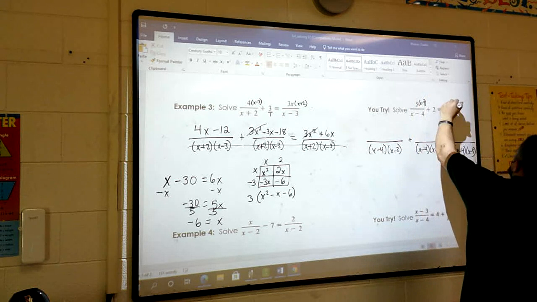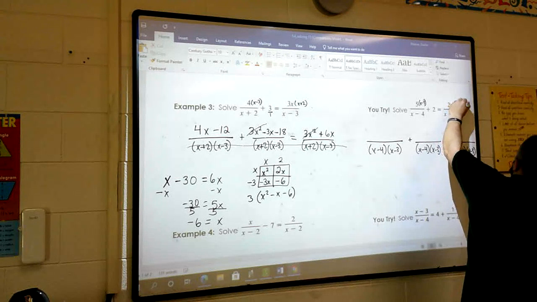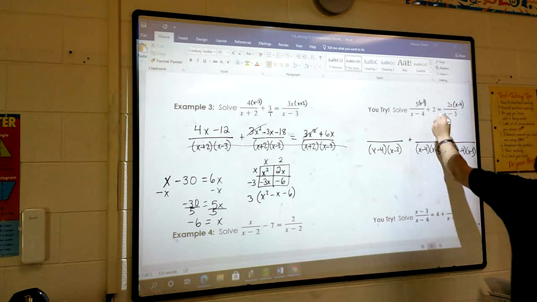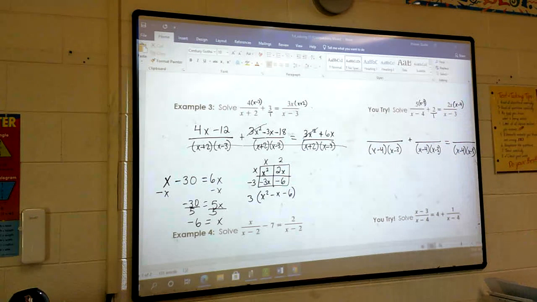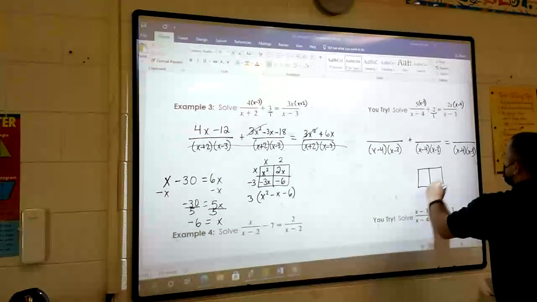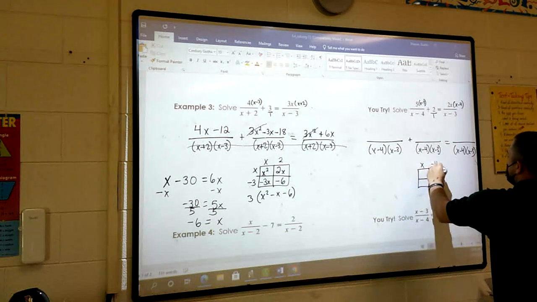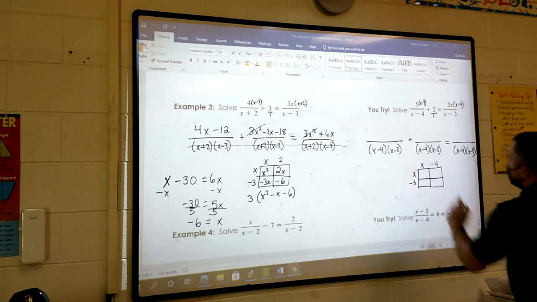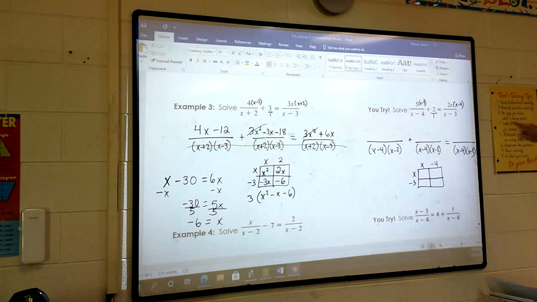In this one, it already has the x minus 3, so you got to multiply by x minus 4. The 2, though, doesn't have either. So we've got to do the box method, x, negative 4, x, negative 3, to see what we get to multiply by 2. Okay? So I'm going to give you a minute to try and see if you could set that one up in order and see if we could get ready to solve that one.